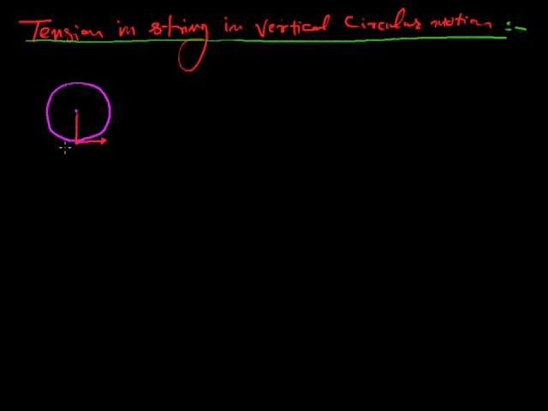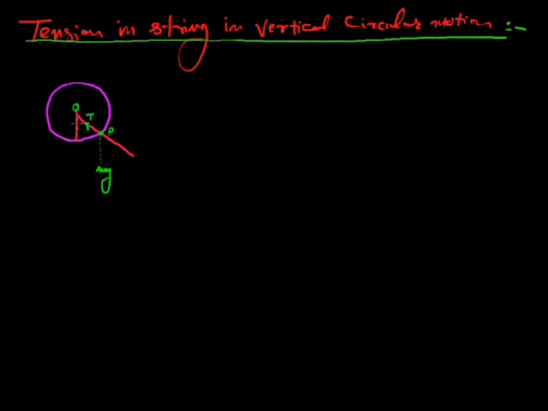This is point A and velocity at this point is Va. This is point P. Tension acting towards the center is T. Mg, where m is the mass of the body.